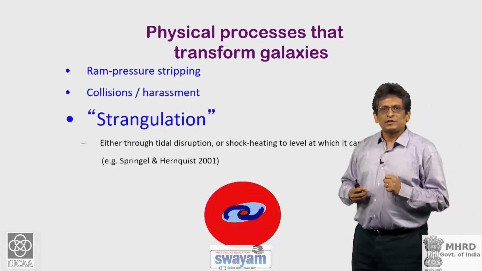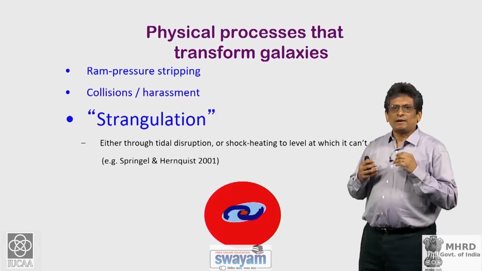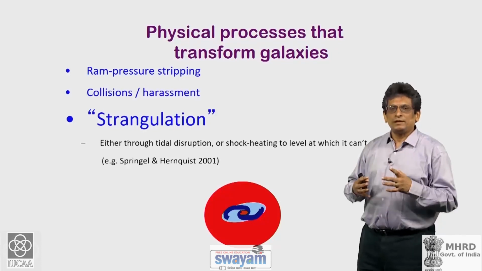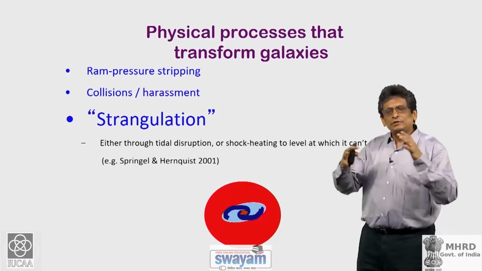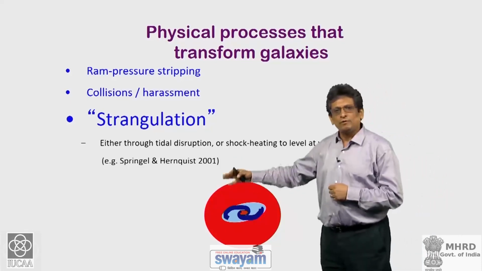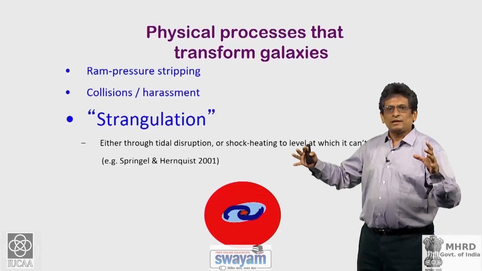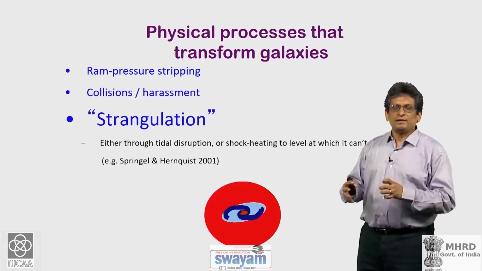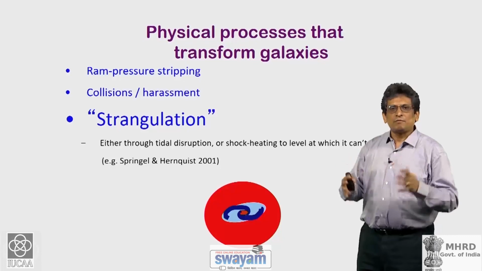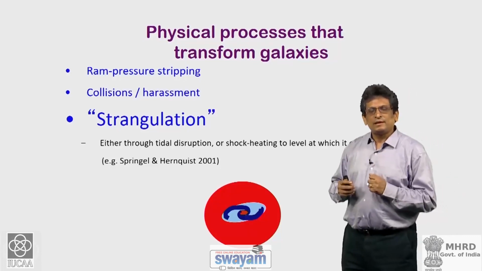A galaxy normally has a reservoir of cold gas around it in the form of a halo around the disk galaxy, and this cold gas falls into the disk slowly in order to fuel the star formation that is going on in a disk galaxy.